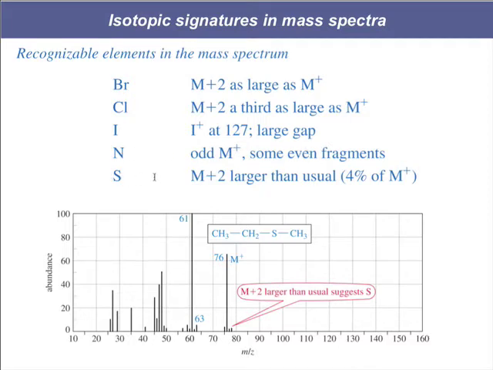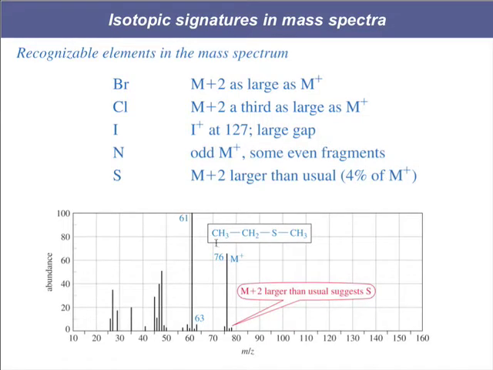And sulfur, that 4% abundance of sulfur 34 means that you will often see M plus 2 about 4% higher than M. So here's an example of a molecule with sulfur. Our parent is 76.